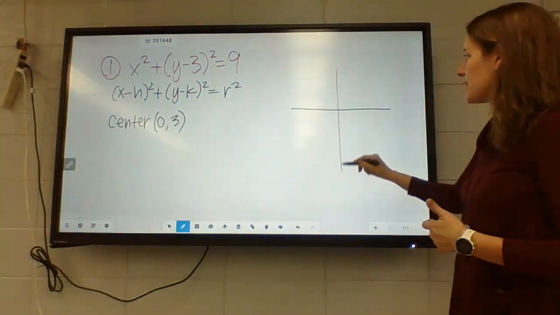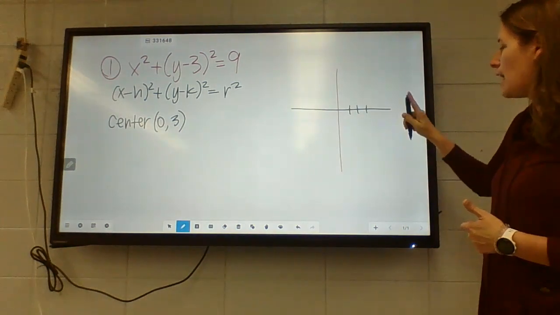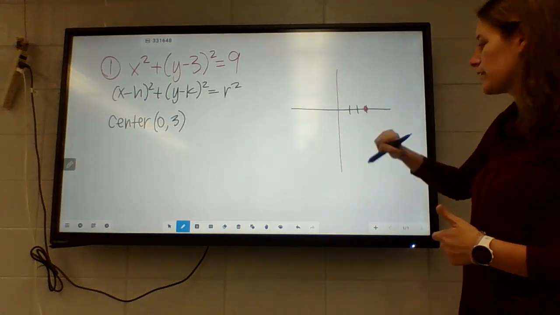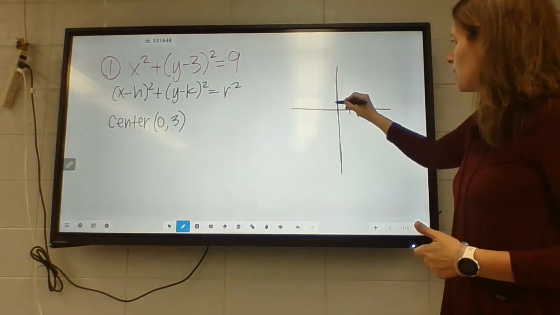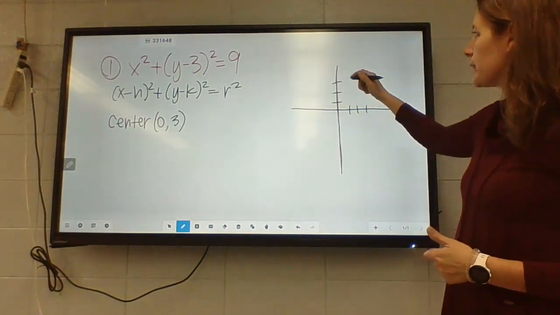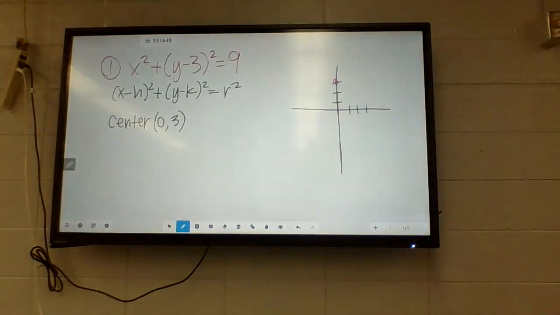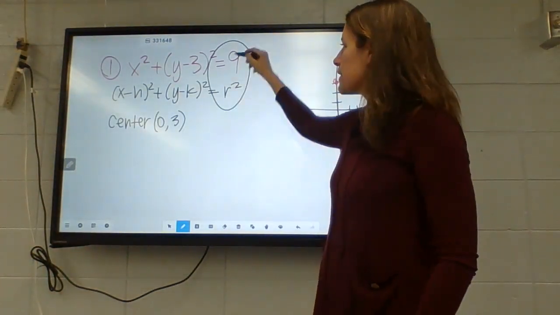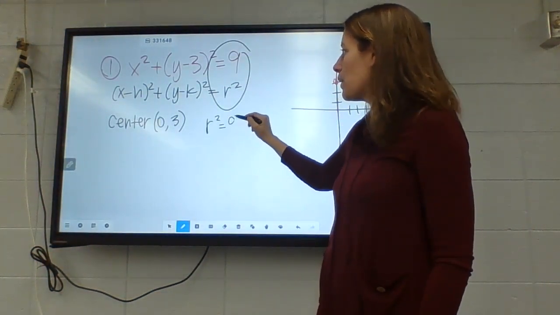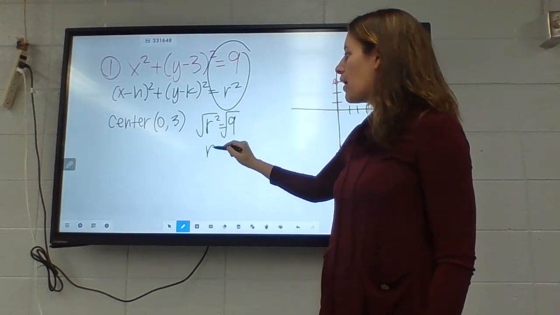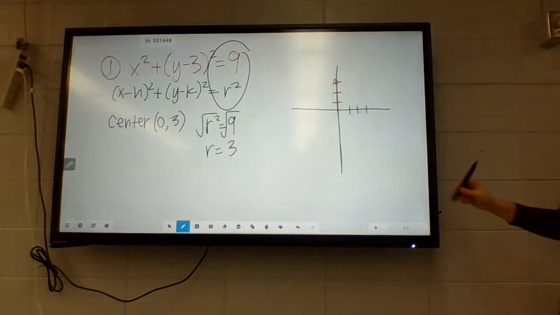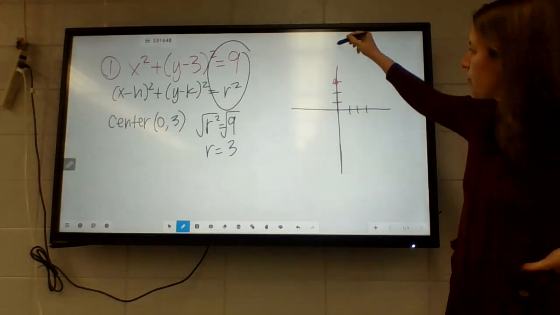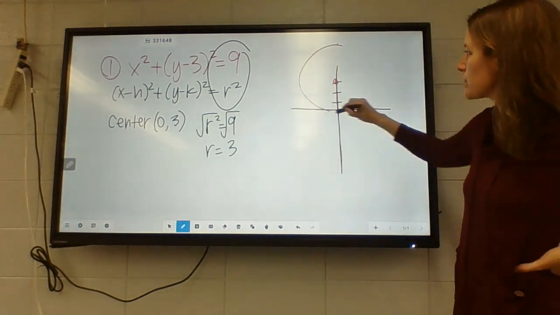So we go to graph this, so 0, 3. And then from there, I have to do my radius, which is r squared equals 9. So we take the square root to figure out r has to be 3. So every direction from that center, we're going to go out 3. So out 3, out 3, out 3, out 3, and then we draw our circle.